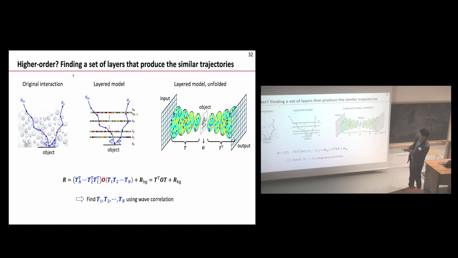Now this is a reflection, right? So you have a phase plate on the way in and also on the way out. If I unfold it, then this is a transmission path and this is a reflection path. Each phase plate can be described by the transmission matrix of each layer. Then the reflection matrix can be described as follows, right? So from here, you need to find each one, okay?